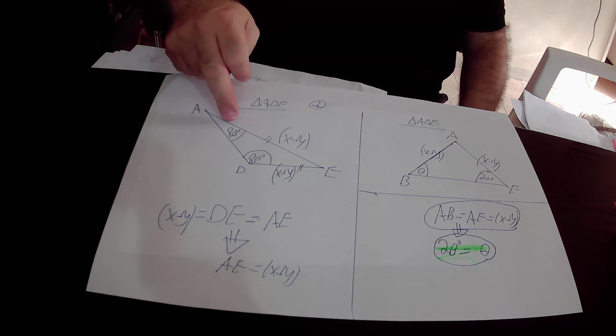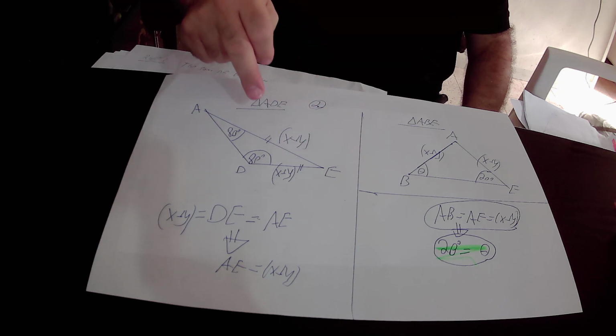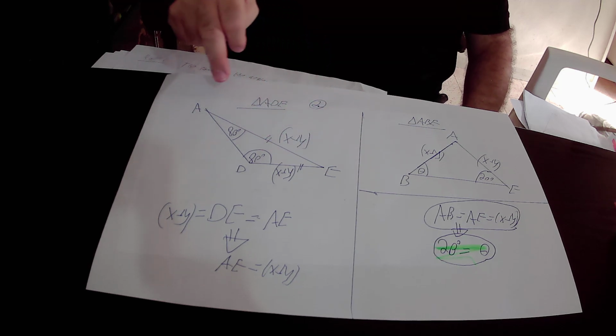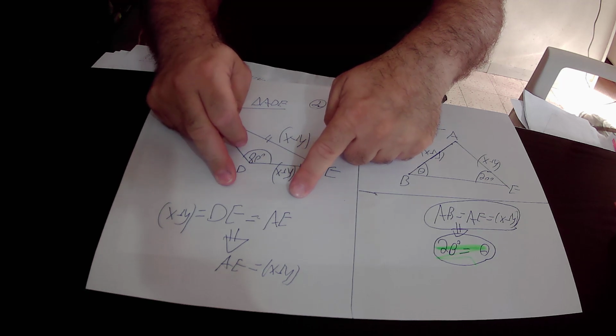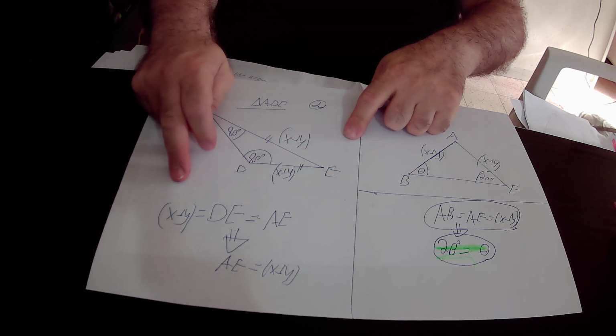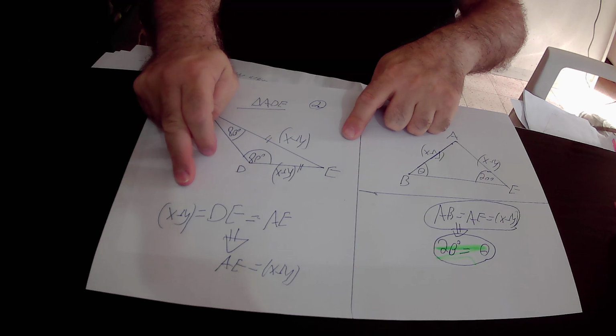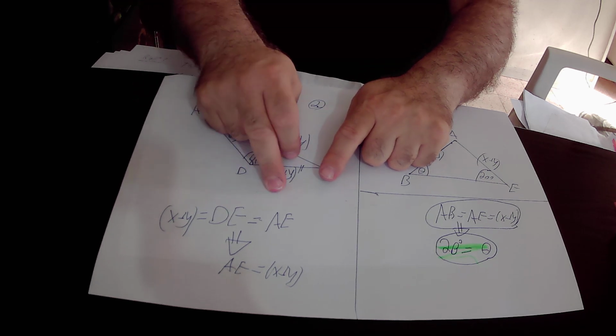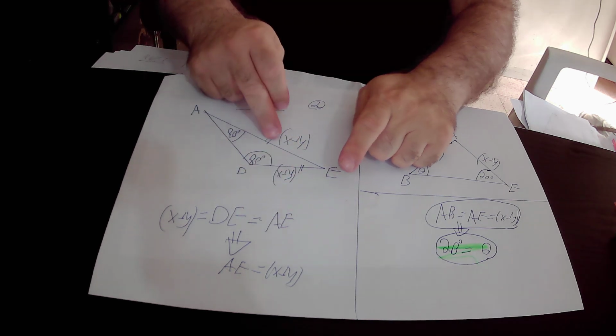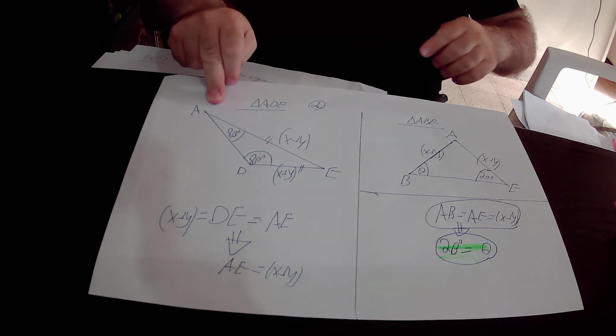In front of this angle we have side DE, in front of this angle we have side AE, and according to the rule that I mentioned, DE must be equal to AE, but DE equals X plus Y. So from this equation, x plus y equals DE equals AE, we derive that AE is also equal to x plus y.